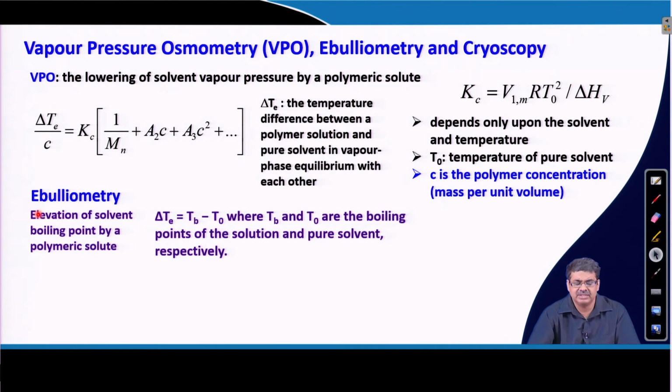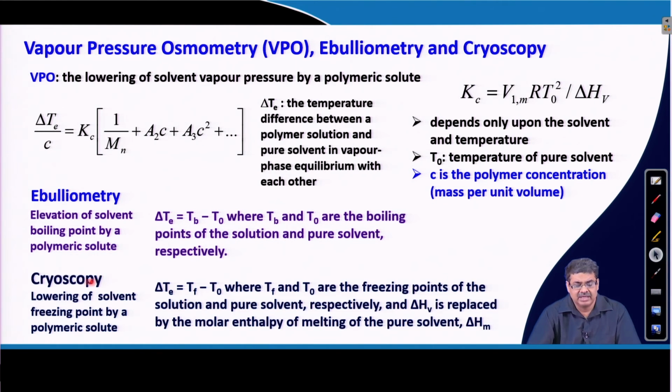Similarly, ebulliometry deals with elevation of solvent boiling point by a polymeric solute. In this case, delta T is the difference in the boiling point between the solution and the pure solvent, and the rest of the treatment remains similar. In case of cryoscopy, which deals with lowering of solvent freezing point by a polymeric solute, the temperature difference is the difference in the freezing point of the pure solvent and the solution.